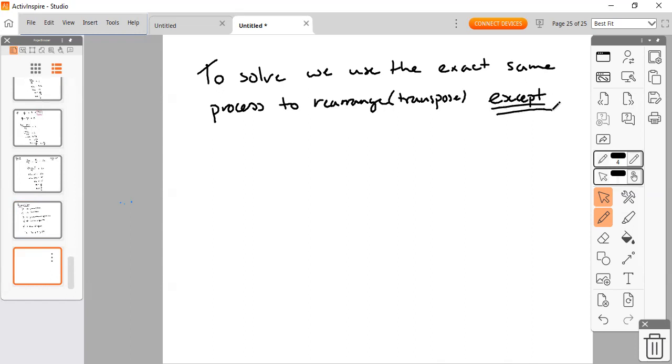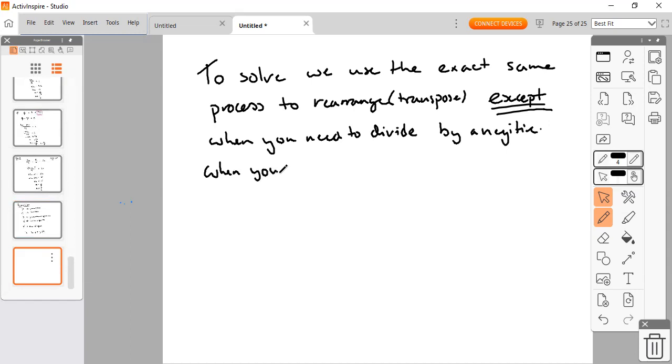Say negative. Perfectly written. Okay, so to solve inequalities, we use the exact same process that we've been discussing last hour.